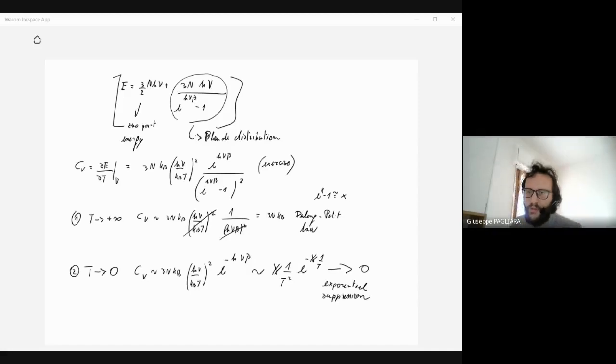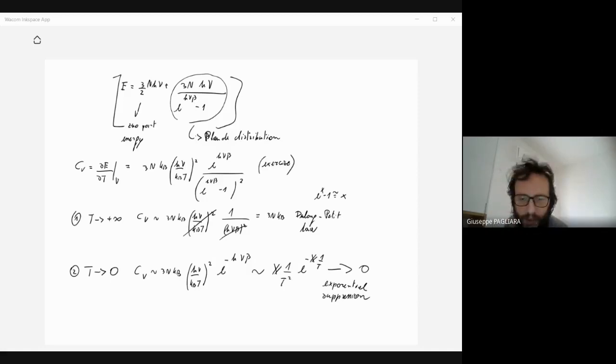And so even if you provide heat to the system, the temperature will change a lot, because it's very easy to change the temperature of the system. If the heat capacity is small, it's easy to excite the harmonic oscillators. Okay, that's the meaning.